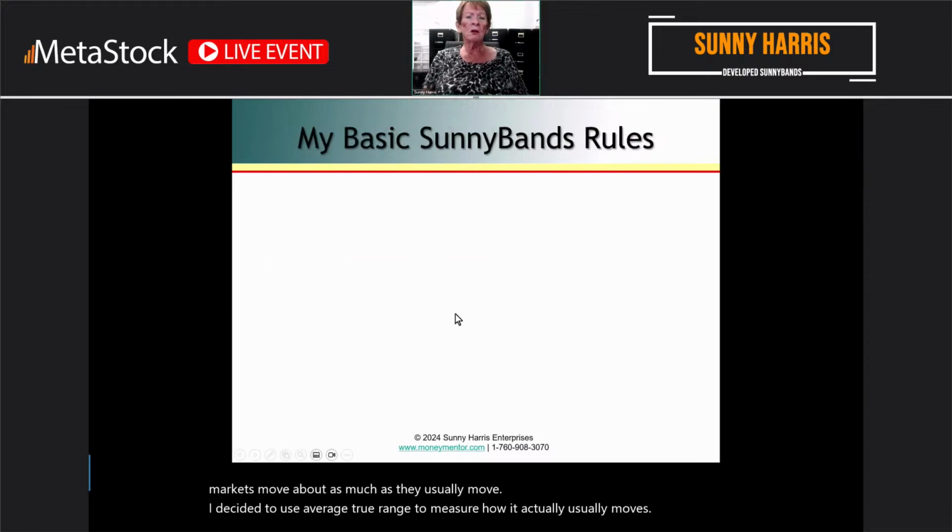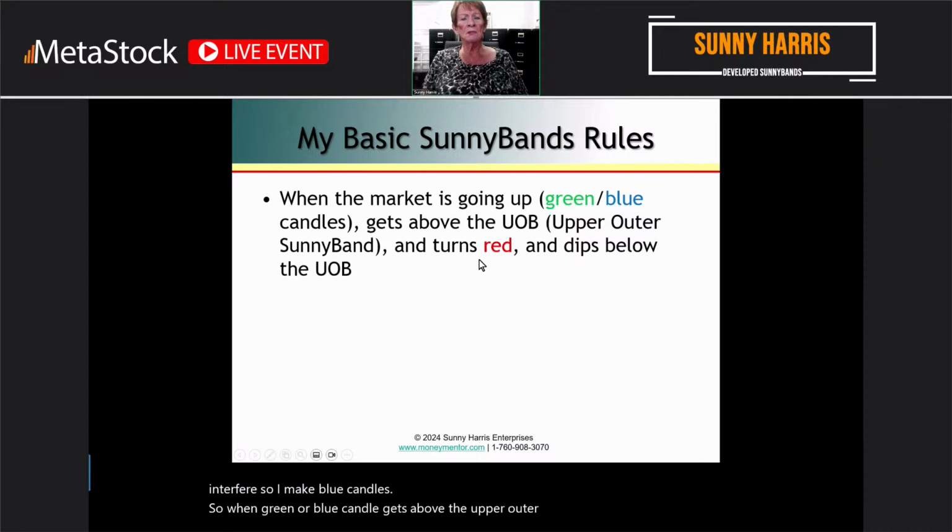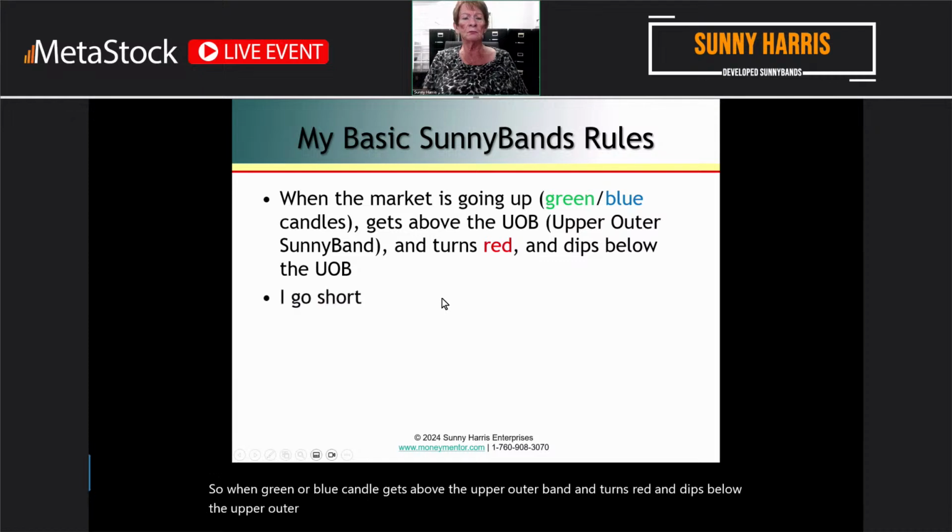These are the basic SunnyBands rules. When the market's going up on green or blue, I use blue candles for up. Most people use green, but since my SunnyBands are green, that interferes, so I make blue candles. So when a green or blue candle gets above the upper outer band and turns red and dips below the upper outer band, I go short.